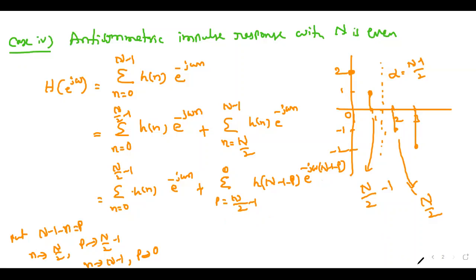Now the upper and lower limits of this summation can be exchanged, because it is a summation only. And in place of p, again I will keep small n, because p is a variable.